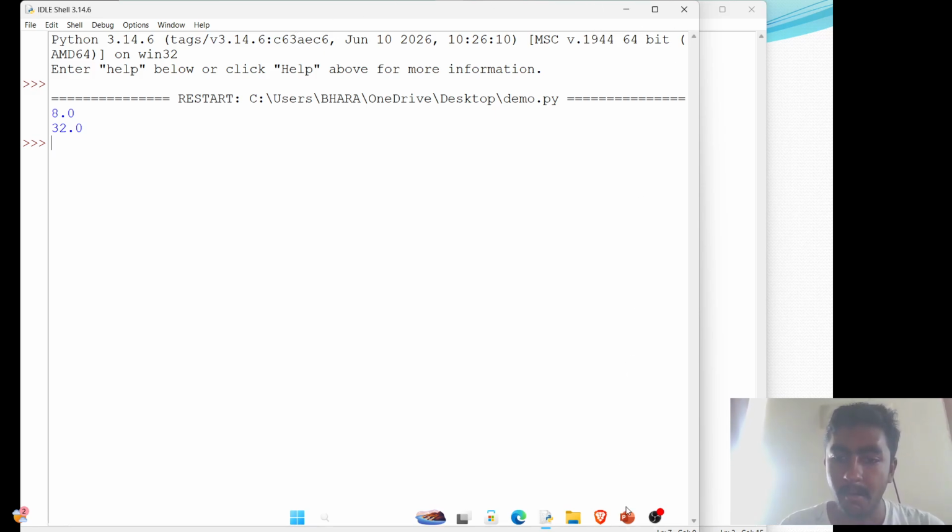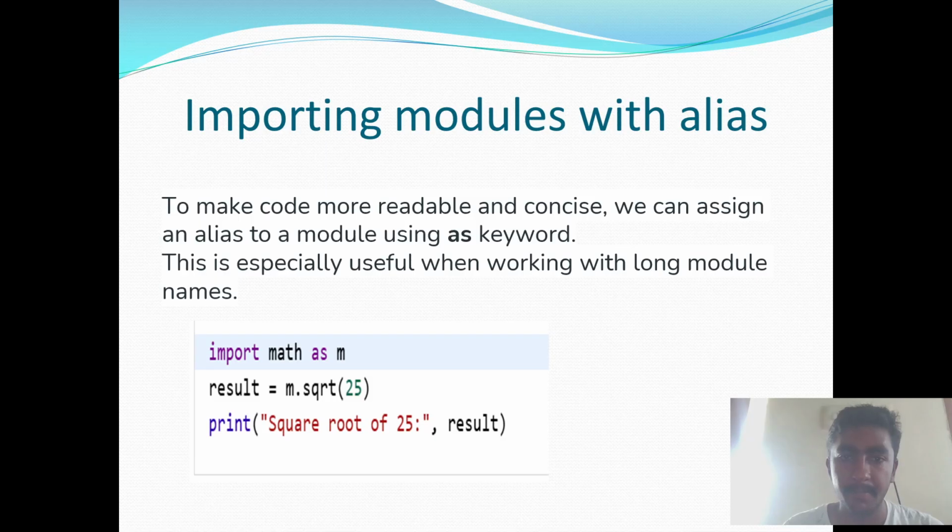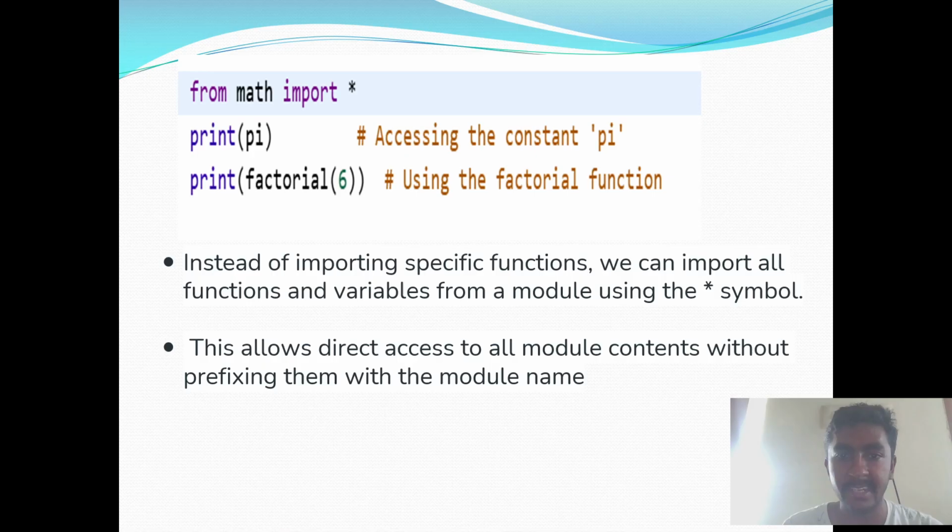The PPT also mentions another method: we can import everything from a module using the asterisk symbol. For example, from math import star. Now all functions inside the math module can be used directly.